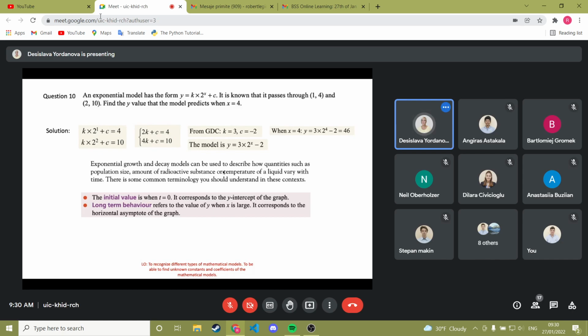Long-term behavior, and this is the thing that we are estimating mostly, refers to the value of y when x is extremely large, like when x approaches plus infinity. And this corresponds to the horizontal asymptote of the graph. So when x is extremely large, y is very, very close to the horizontal asymptote.